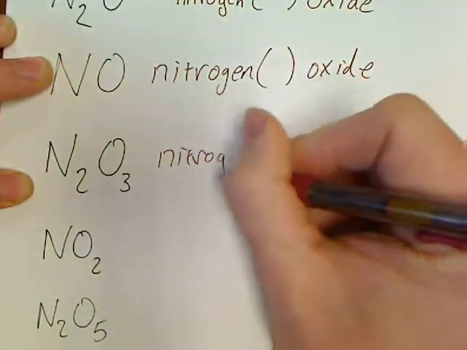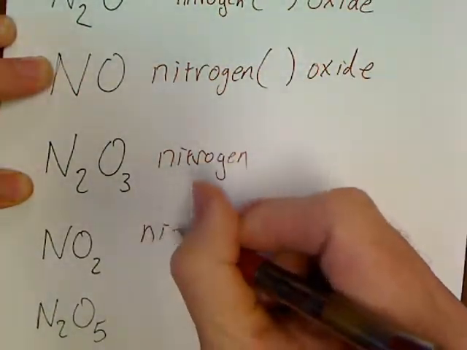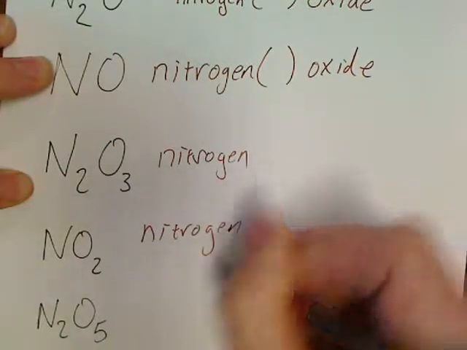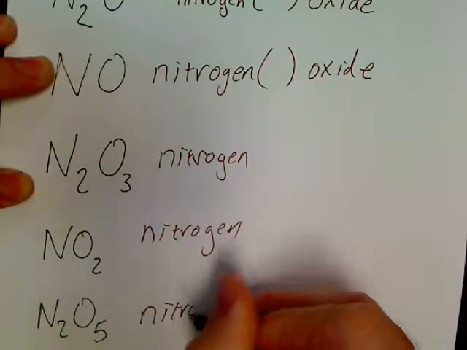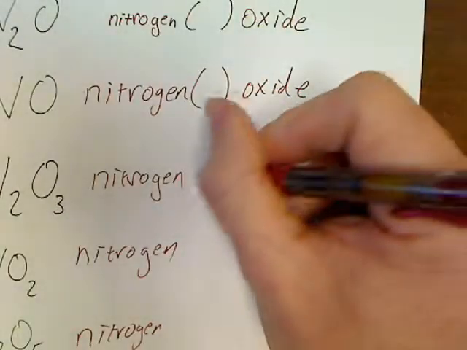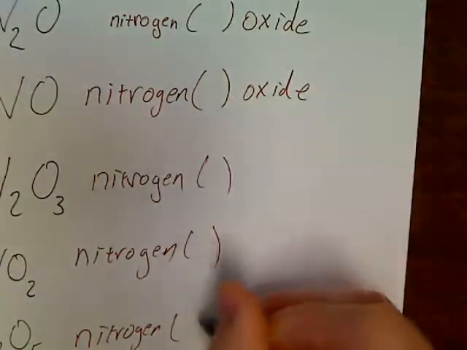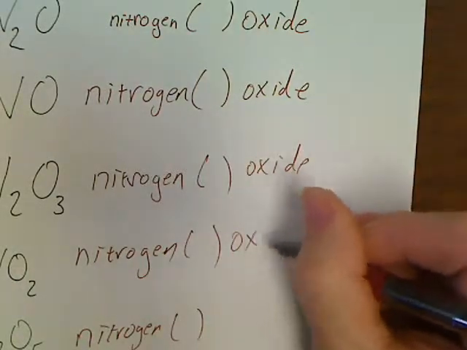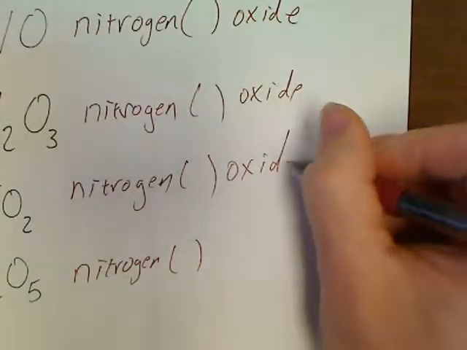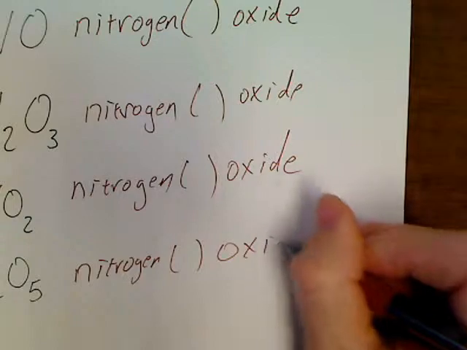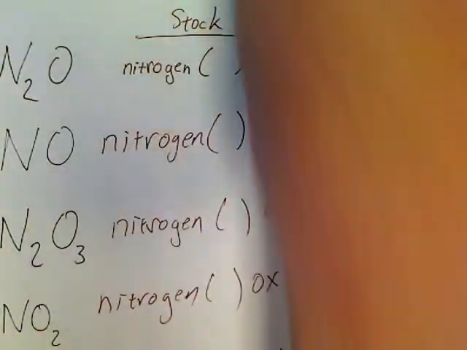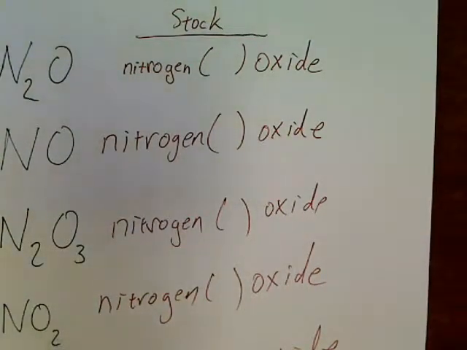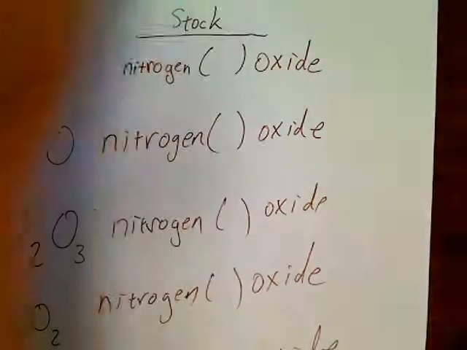I can just sit here and go down the list. Nitrogen, nitrogen, nitrogen. Every one of these as I go down. And these are all going to be Roman numeral something and oxide on the other side. So let's go back and see if we can't figure out the Roman numerals that go with these. Well, let's take a look.